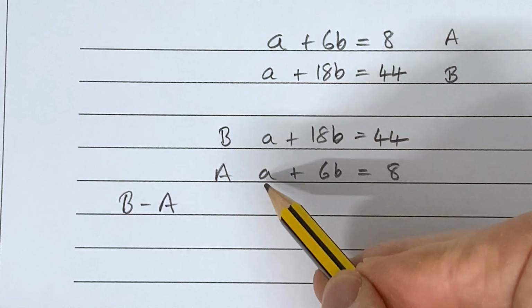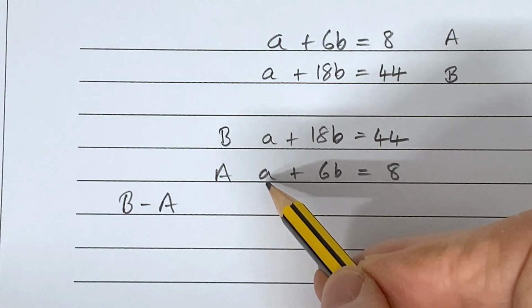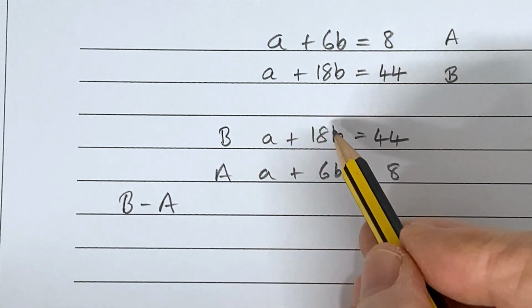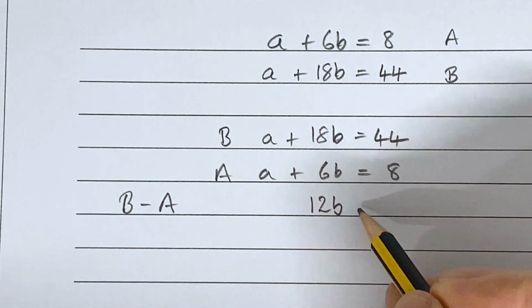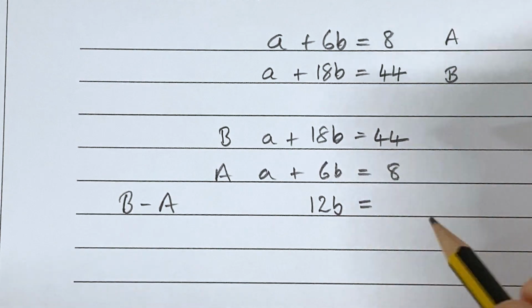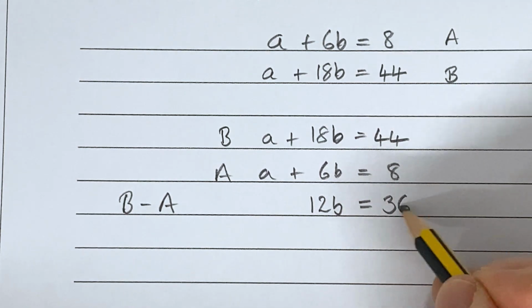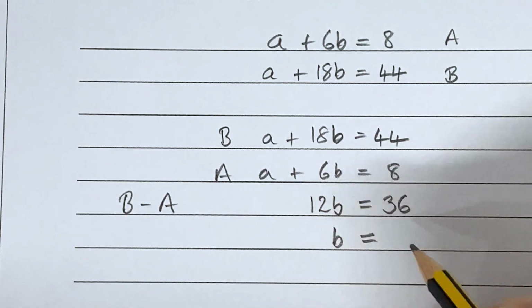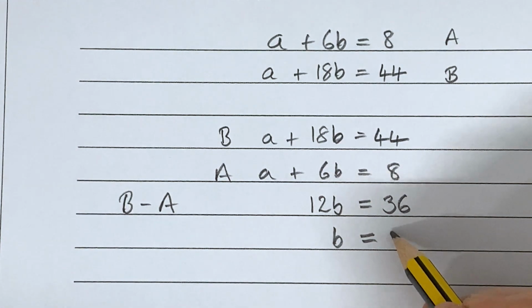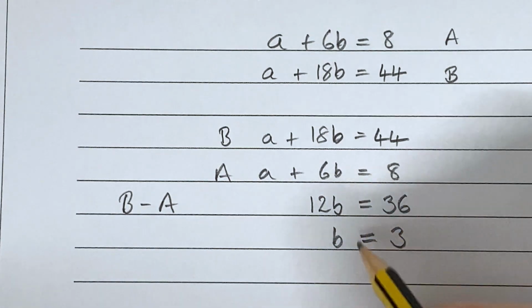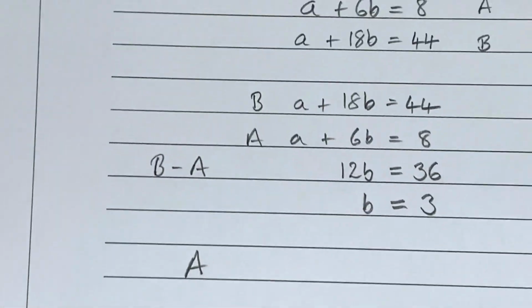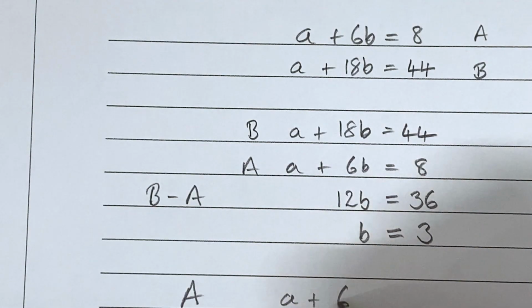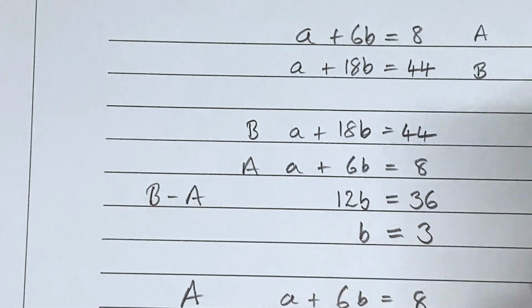But of course, A take away A is 0, so we don't even need to write anything down. 18b take away 6b is 12b. And 44 take away 8 is 36. So B must be 36 divided by 12, which of course is 3. If we substitute that value into equation A, which was A plus 6B equals 8.